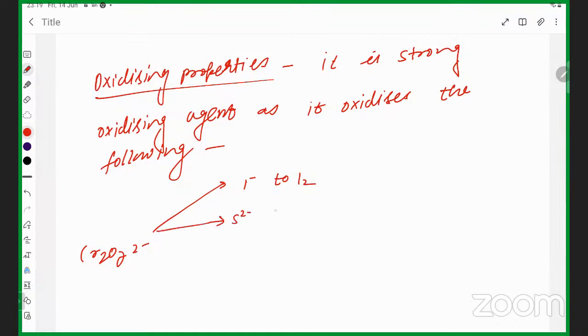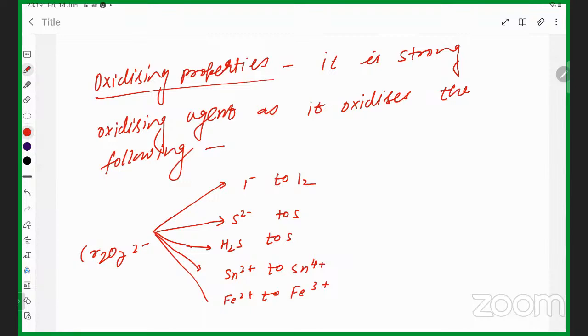S2 minus to S. H2S to S. Third, Sn2+ to Sn4+. Fe2+ to Fe3+.